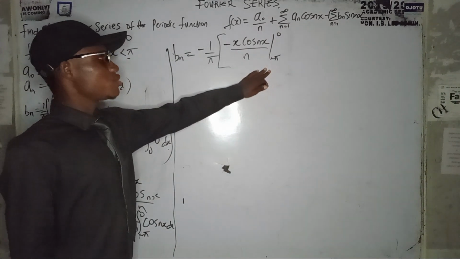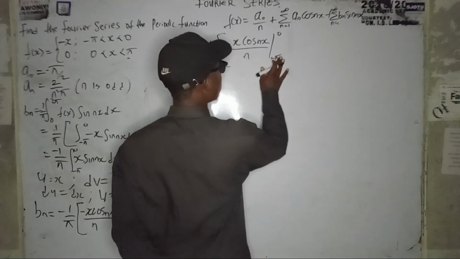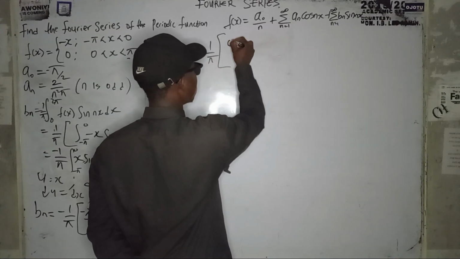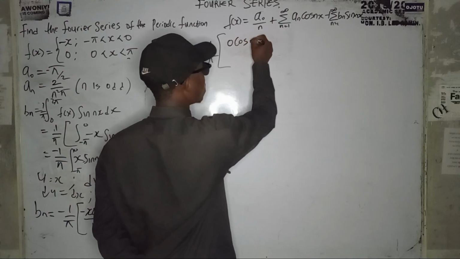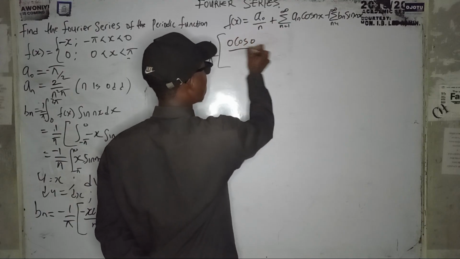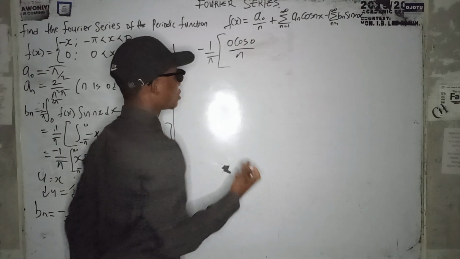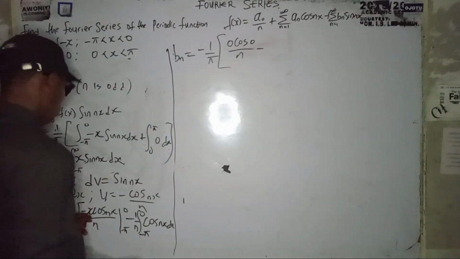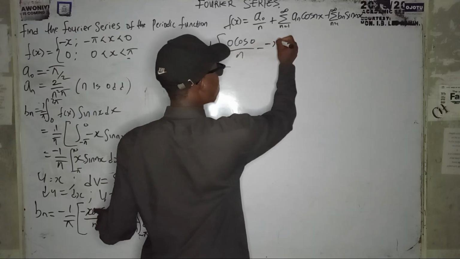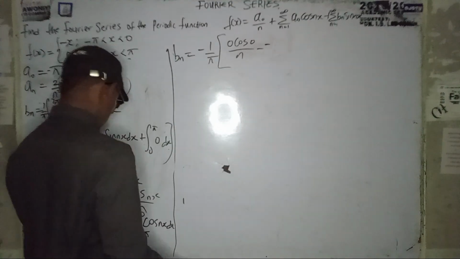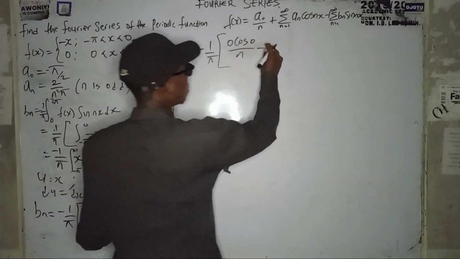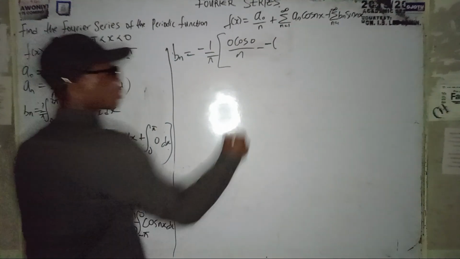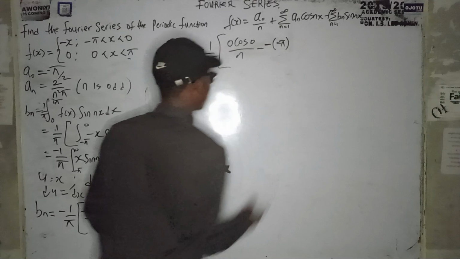If we input these values, we get 0 cos 0 over n, minus the second one, which is minus x, but x is equal to minus pi.